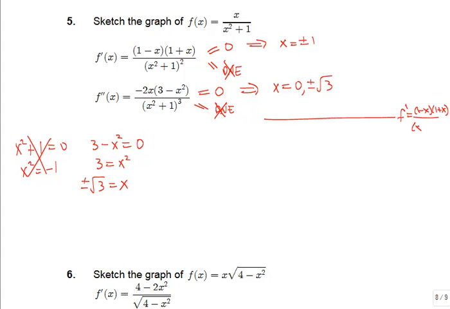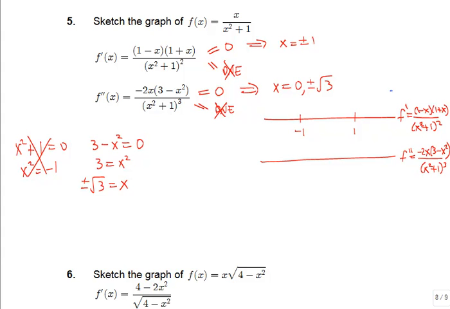Okay, so I'm going to label my first derivative and my second derivative. For the first derivative, we have -1 and +1. And if we test our points, notice that that denominator is always squared. So this denominator is always going to be a positive value.